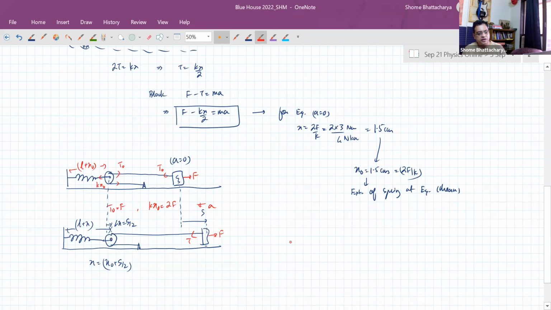So we have T minus F is equal to ma, first equation, where a is minus d2S by dt square. And we have 2T is equal to Kx, which is equal to K into X naught plus S by 2. That's our second equation.